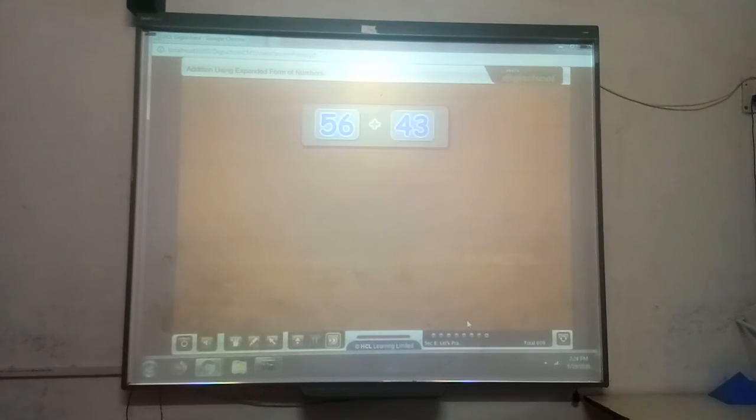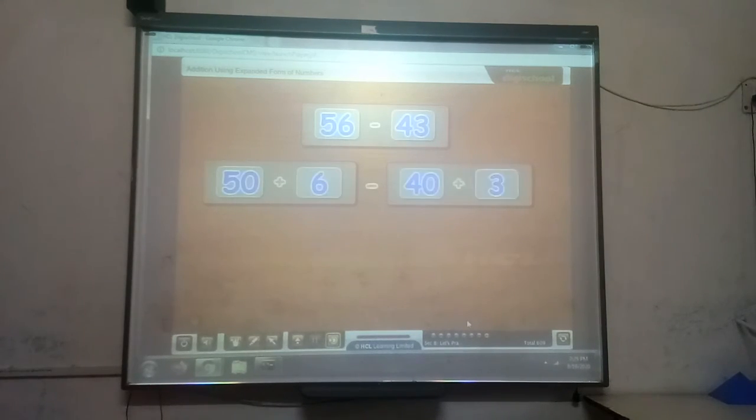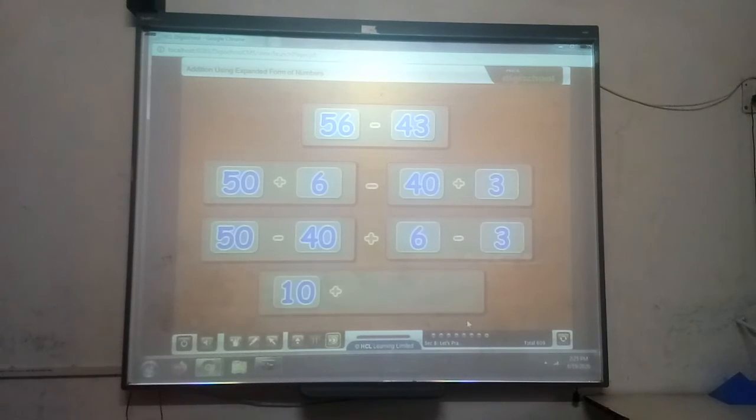Add by adding the tens and the ones separately, then adding the sums. And subtract by subtracting the tens and ones separately, then subtracting the difference.